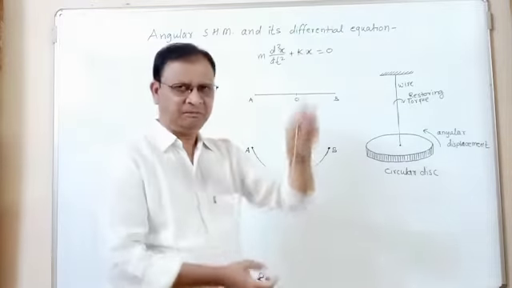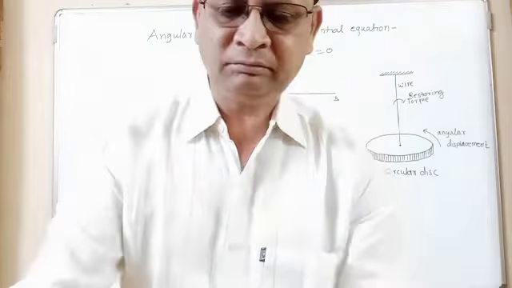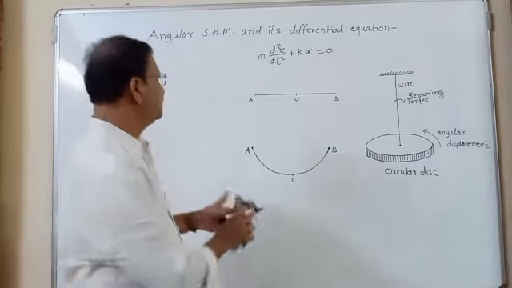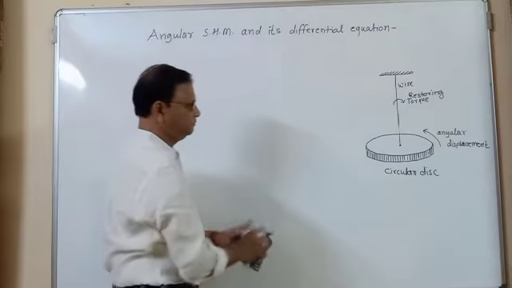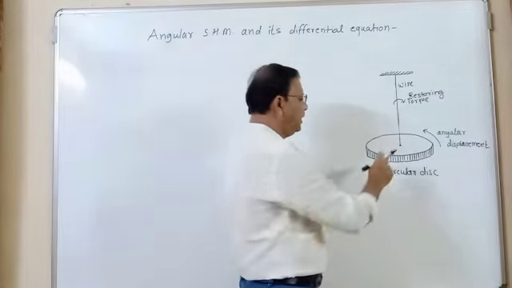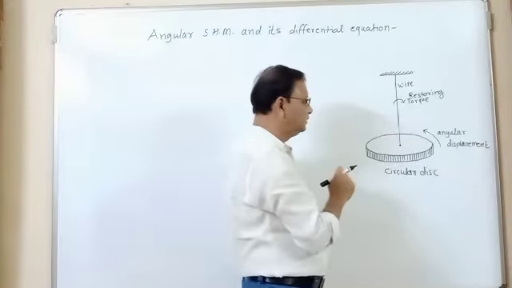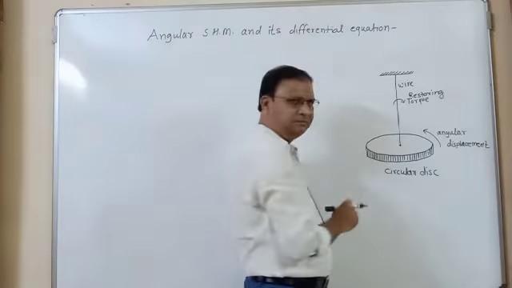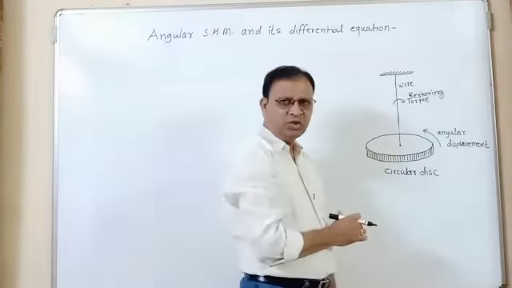Now suppose we have a circular disc of metal here. It is a metal circular disc connected to a wire at the center, and the disc is in equilibrium position.